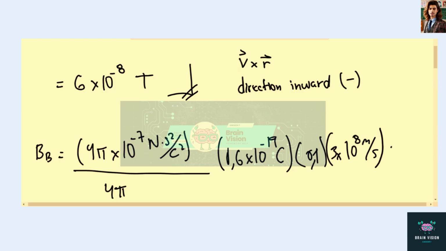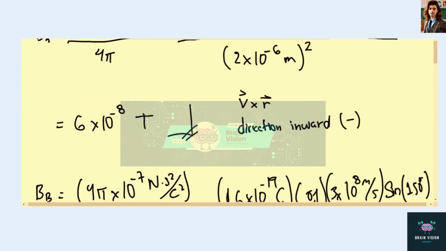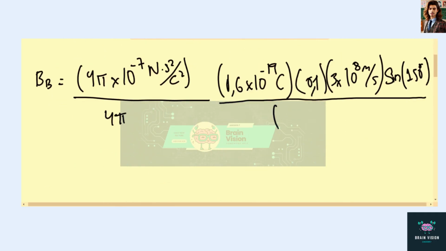But what changes is the angle between these two, which is 150 degrees. And the distance is also the same because it is stated in the problem that all these points are at a distance of 2 times 10 to the minus 6 meters, squared, of course. And if we introduce all of this information into the calculator, we obtain a value of, again, 6 times 10 to the minus 8 Tesla.